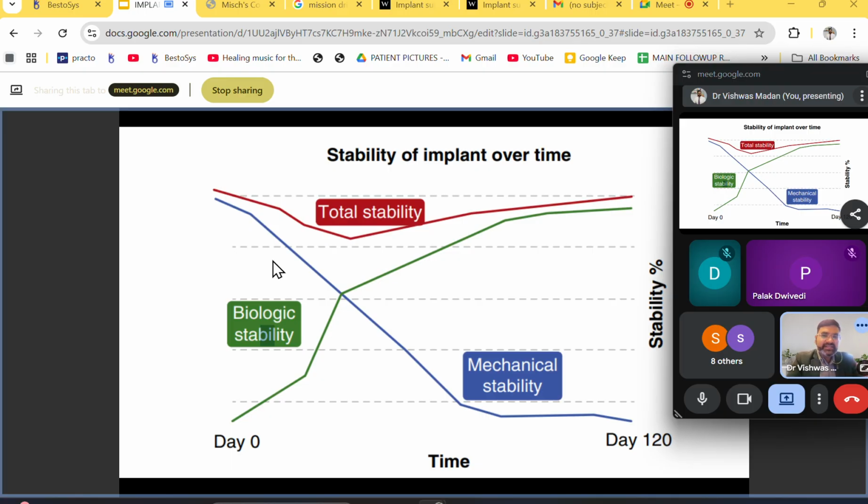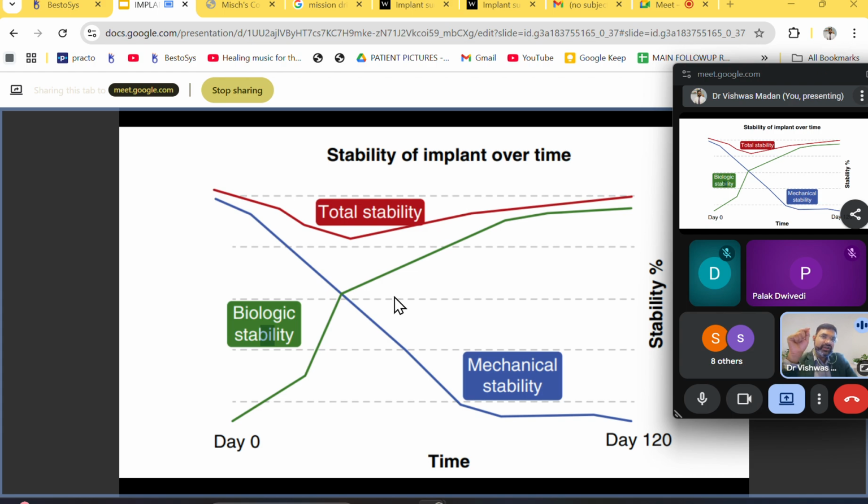How does it change? The primary stability means the first day when you place the implant inside the bone. The kind of screw threads which are there in the implant affect the stability of the implant when we put it in. The drilling protocol which we have done actually determines what kind of stability we will have.